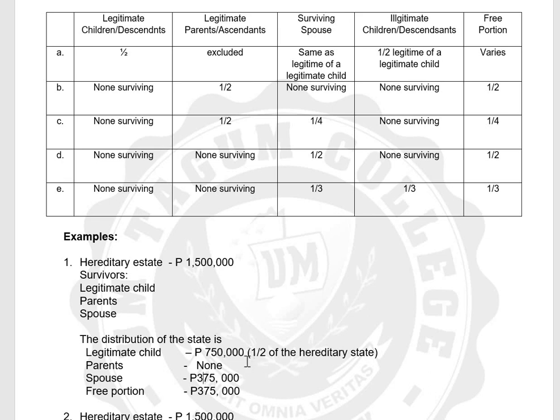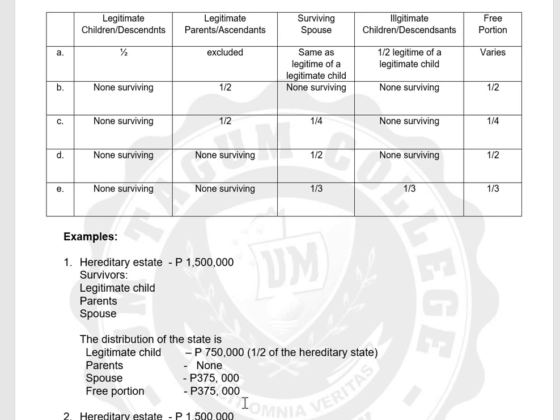So, ito yung na-explain nyo kanina, no? Ito siyang rule, mag-apply lang siya if more than one yung anak. Kasi if isa lang yung anak, dapat may free portion, no? Kasi kung i-follow natin to, na same as yung legitimate ng surviving spouse is same sa legitimate of each child, wala nang free portion kasi 750 yung kay legitimate child, 750 yung kay spouse.